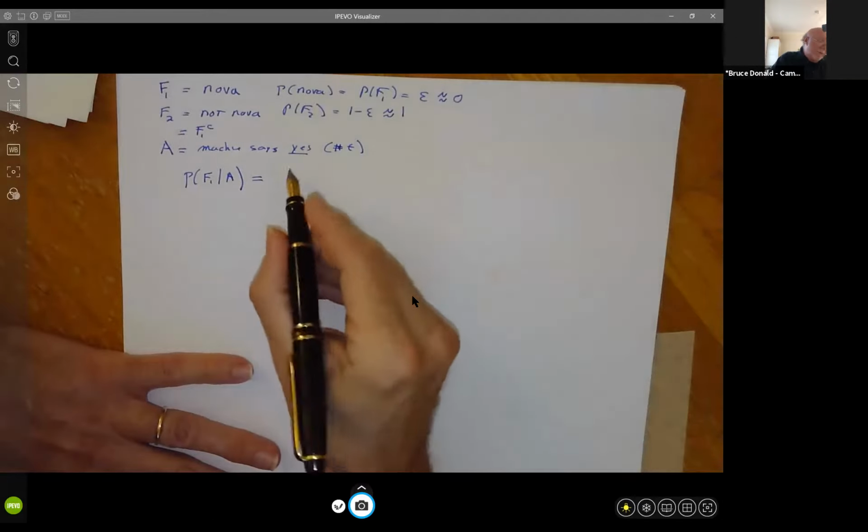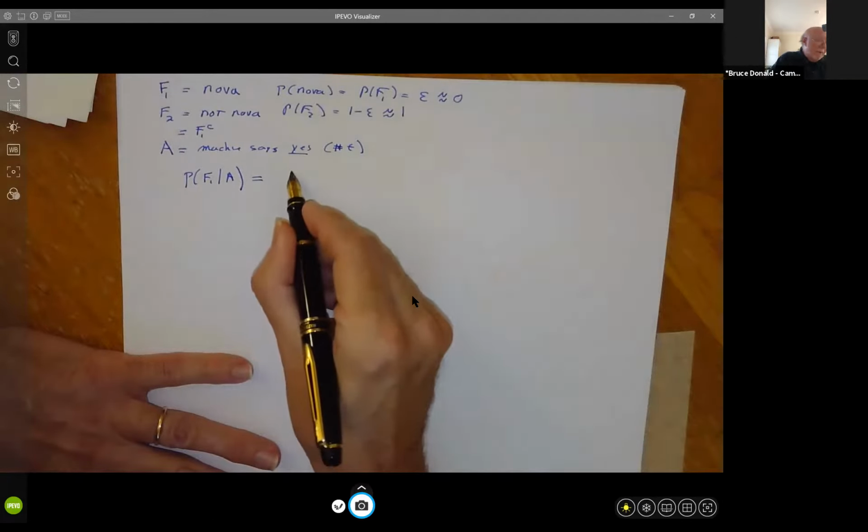So this is, of course, just using the formula: the probability of A given F1 times the probability of F1. And down here, we have the probability of A, namely the probability of A given F1 times the probability of F1, plus the probability of A given F2 times the probability of F2.